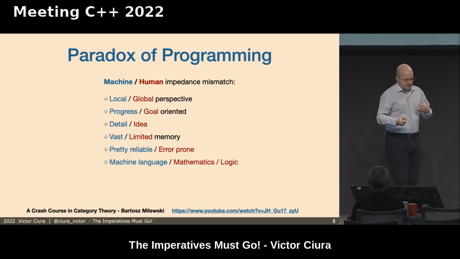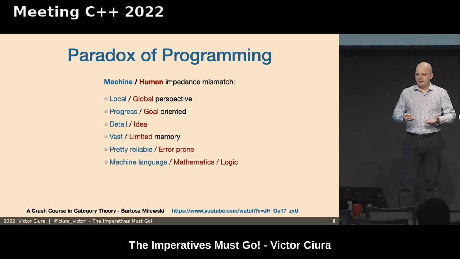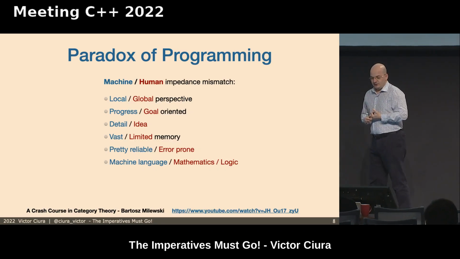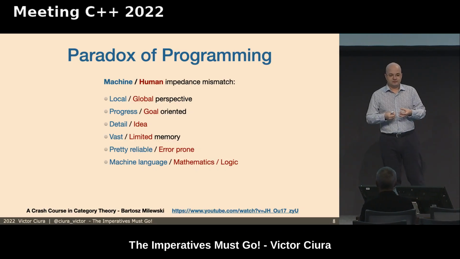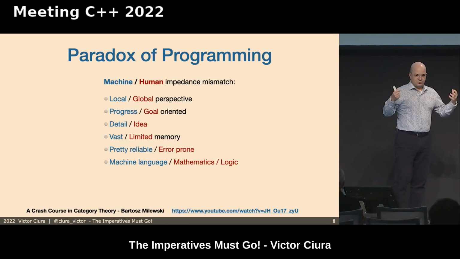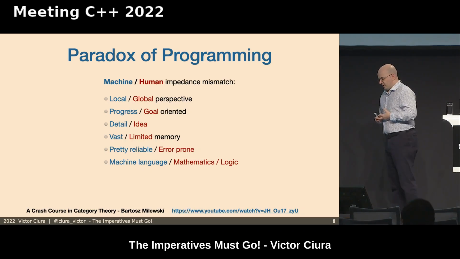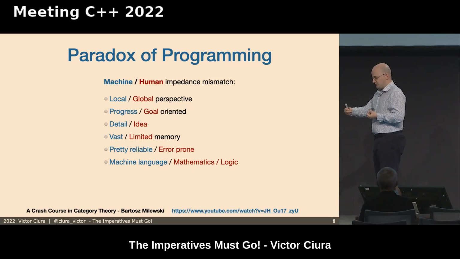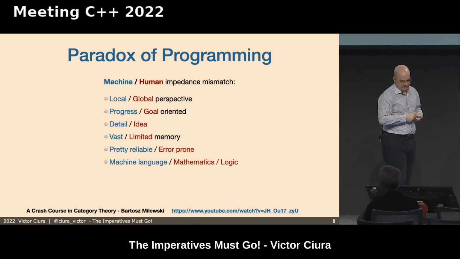And this comes from an impedance mismatch between what we need to tell computers to do and how we structure thoughts as humans. Machines are very much into local reasoning, whereas humans tend to think in bigger terms, in terms of perspective, and we are goal-oriented, whereas machines are interested in small increments or small operations that need to progress towards a task.